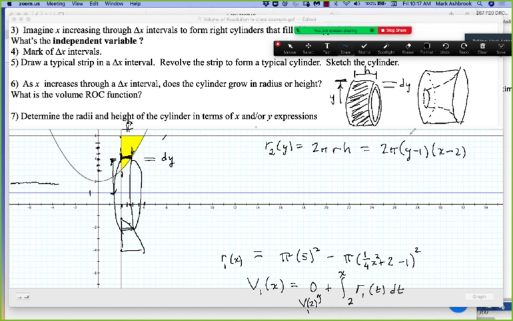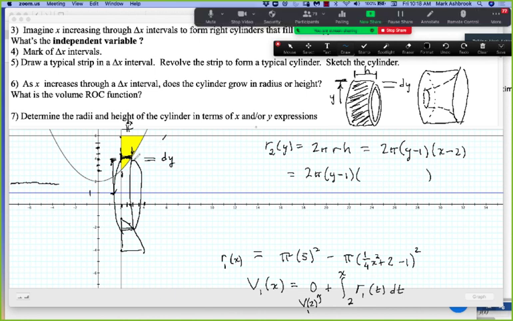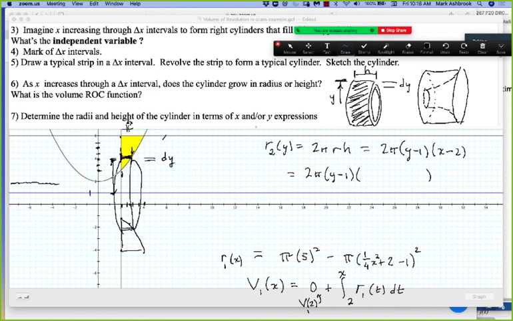So now we need to write this in terms of y. Well, y minus 1, we're good. It's already y, right? So just leave y minus 1. So what is x? The x coordinate of this parabola, right? Which was y equals 1/4 x squared plus 2? Yes.